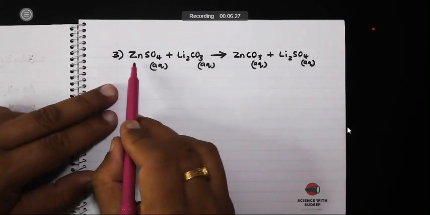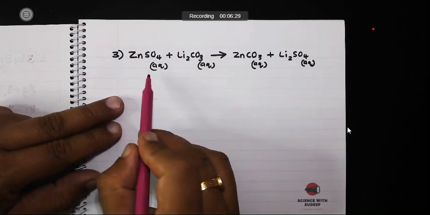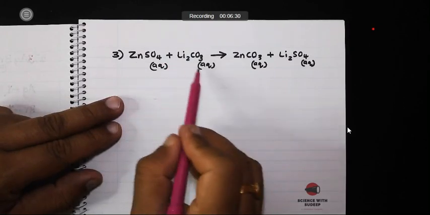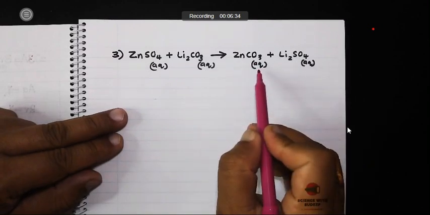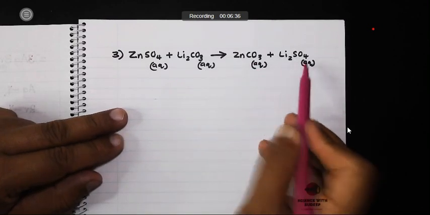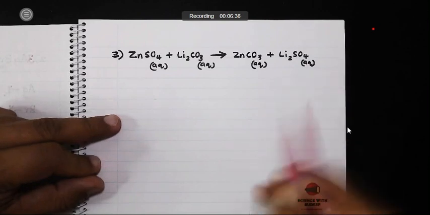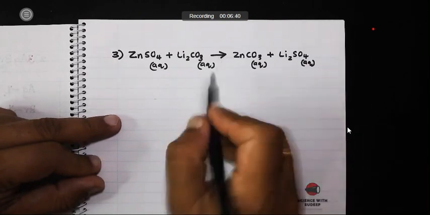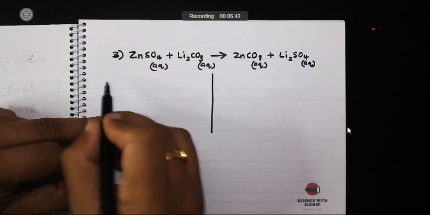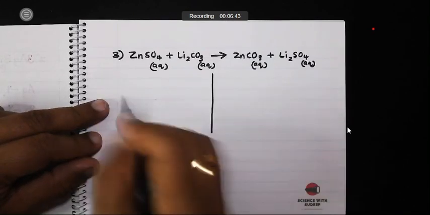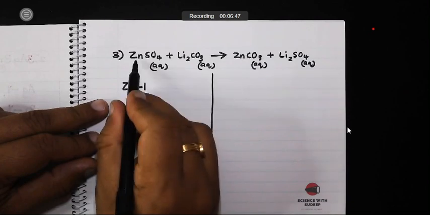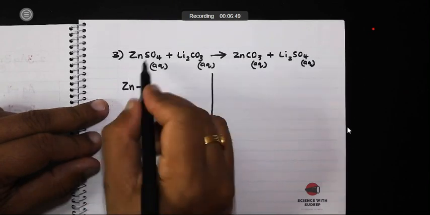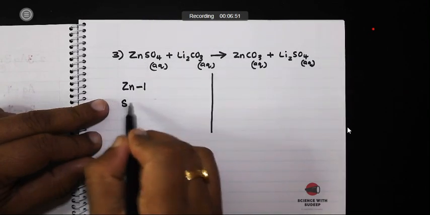I have another question here. Here we have zinc sulfate, that is in aqueous solution, lithium carbonate, that is in aqueous solution, zinc carbonate, that is in aqueous solution, and lithium sulfate, that is in aqueous solution. Let's check the number of elements on either side of the arrow. Let's start with zinc. We can see that it's only 1. The second one is sulfur.